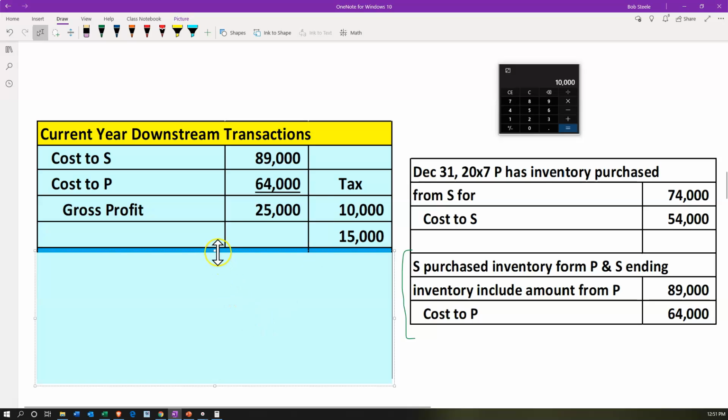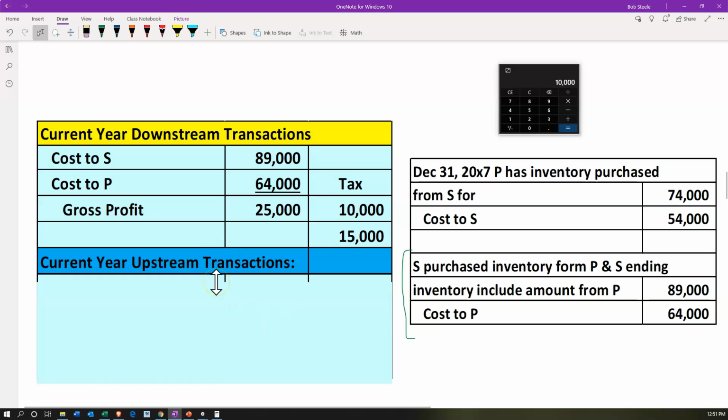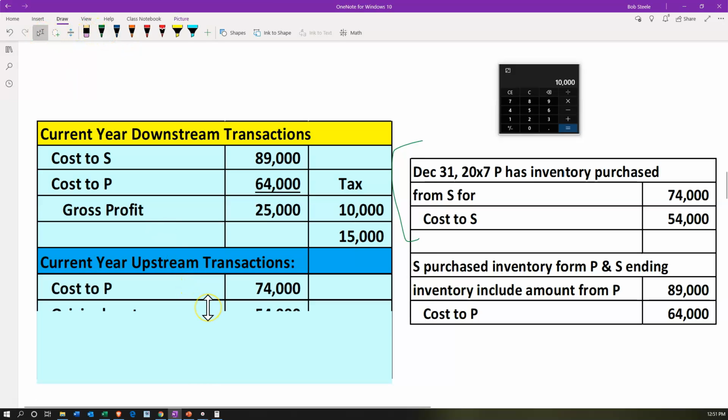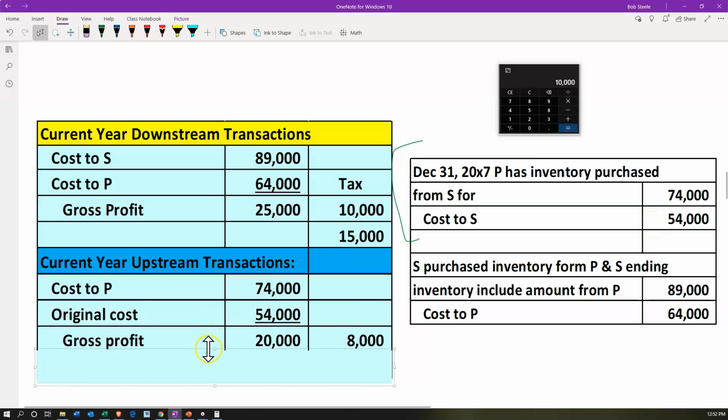So now let's do the same thing for the other transaction, the current upstream transaction. So now we're not looking at this one and are looking at this one. So the upstream transaction, we then have the cost to P is going to be the 74,000, the original cost 54,000, and the difference or gross profit being the 20,000.